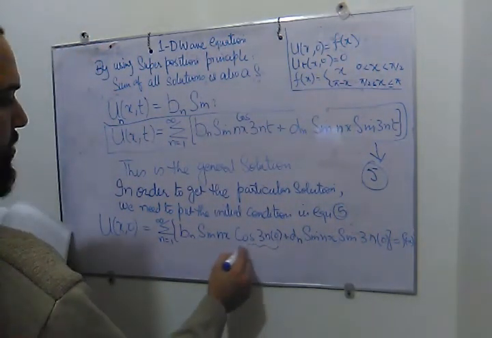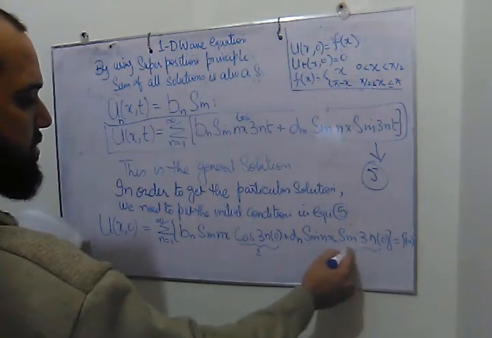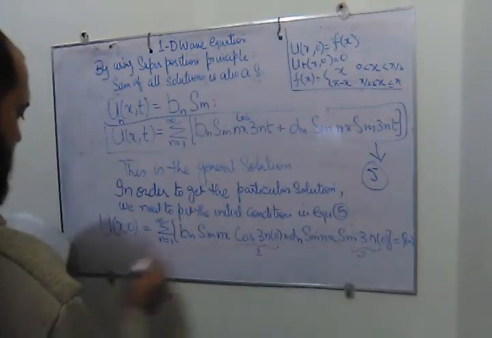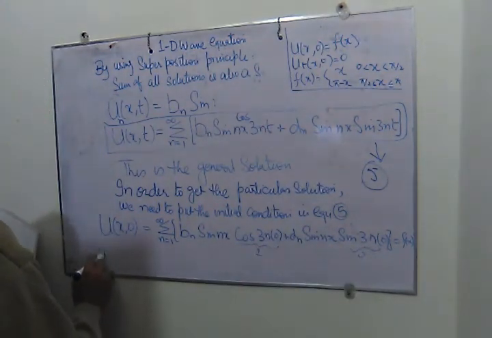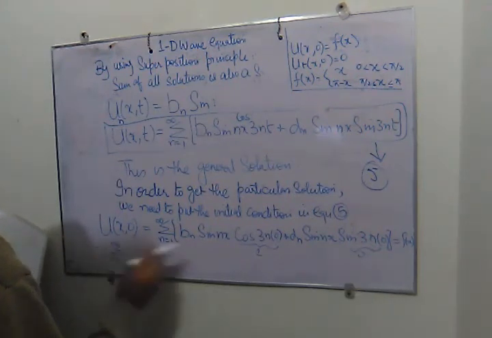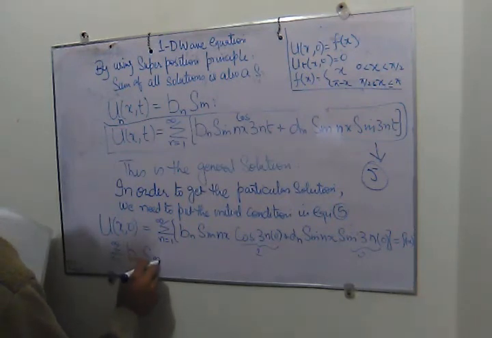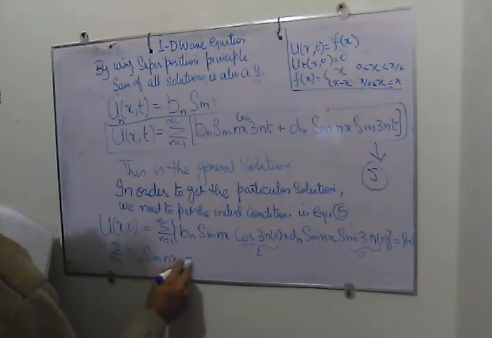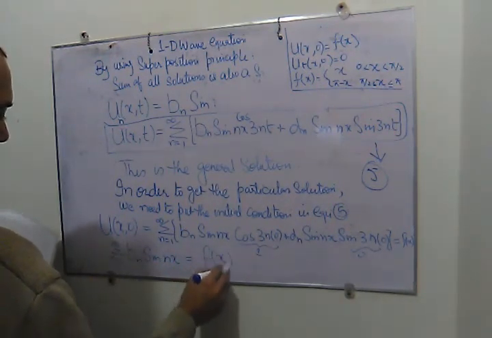So cos 0 is 1, sin 0 is 0, so the whole term vanishes, and we are left with the summation n equal to 1 to infinity of Bn sin nx equal to f(x).